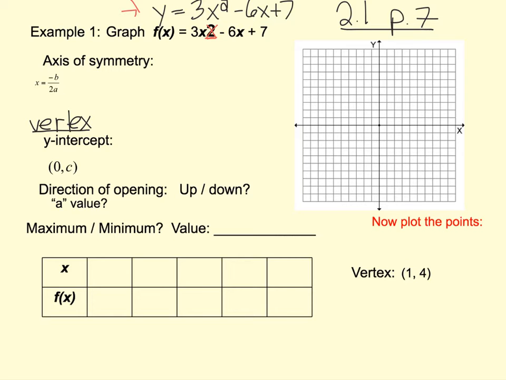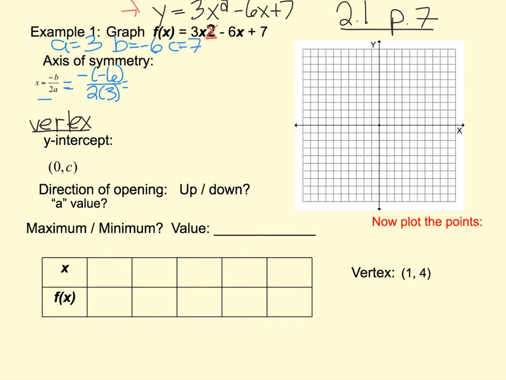So the first thing we always want to do is find our A, B, and C. In this example, A is 3, B is -6, and C is 7. To find the axis of symmetry, I'm just substituting the B and the 2A into this formula. So first write the negative, that's part of the formula, and then our B is -6, all over 2, part of the formula, and our A, which is 3.